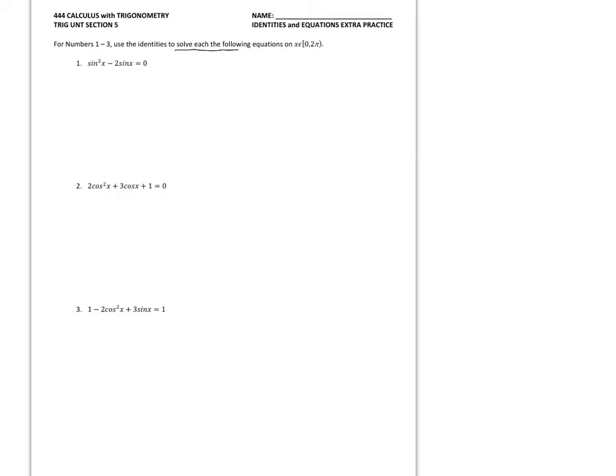So we are good to go ahead and start our first actual action, which is to factor. So I'm going to take a sine of x out of each of these, and we're going to be left with the sine of x minus 2 equals 0.